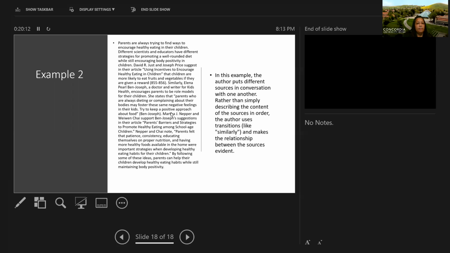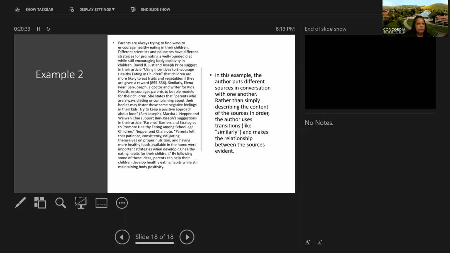And then she also goes in to talk about another article written by Martha J. Nipper and Waylin Chan. They support Ben Joseph's suggestion in their article on parents, barriers, and strategies to promote healthy eating among school-aged children.